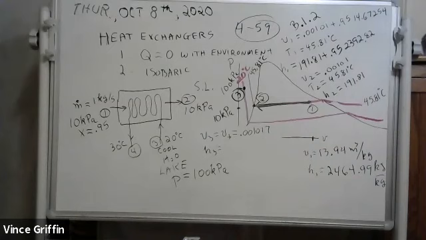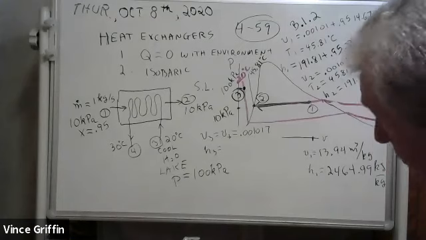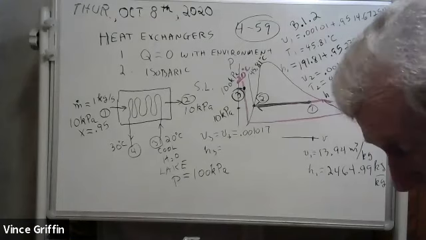We're trying to do the lake water now. For the 20 degrees Celsius isotherm, so for that VF, are you getting that from the saturated water table? Yes, I am. Did I get the right one? Let me look again here.